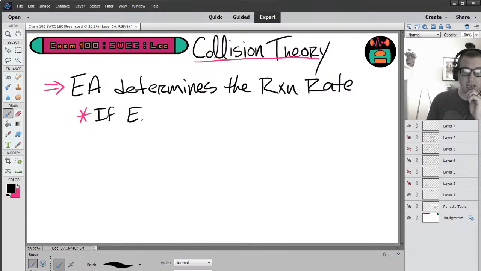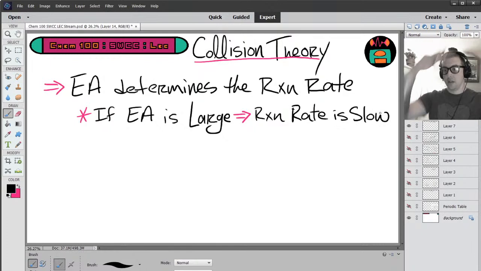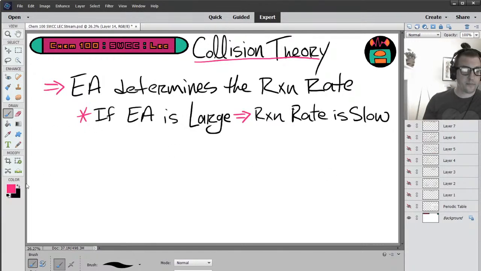If the energy of activation is large, that means the reaction rate is slow. Which makes sense, right? If it takes a ton of energy to go from reactants to products, then you've got to amass that energy to push your reactants towards products. That's going to take more time.